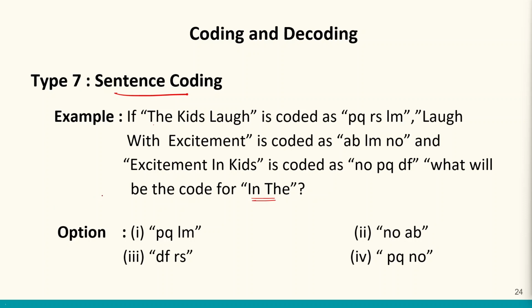Let us find a sentence in which we have either of the 3 words. In this sentence, excitement in kids, I can see the word kids, right? So kids is common over here, kids is common over here.